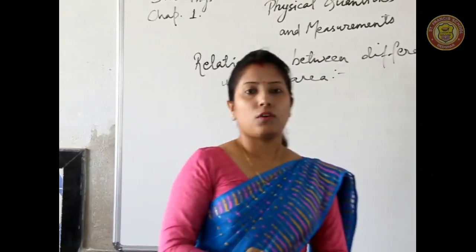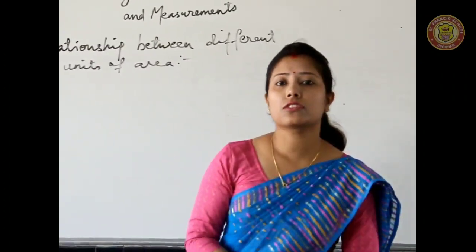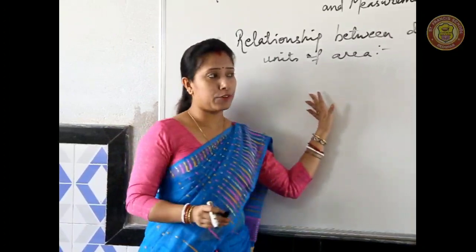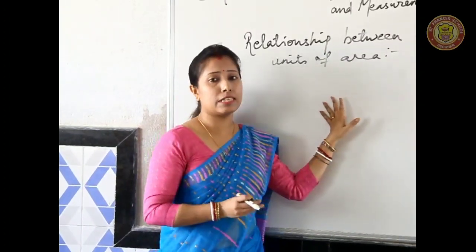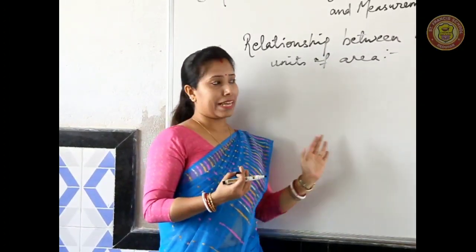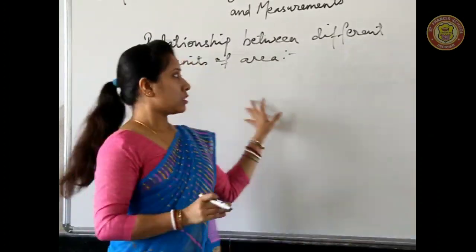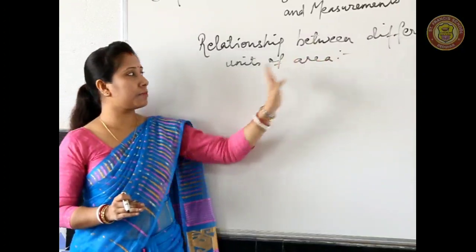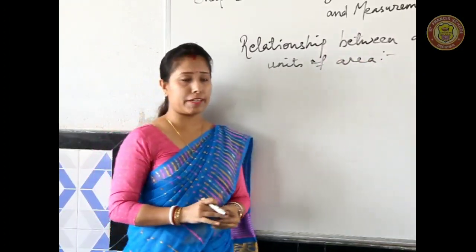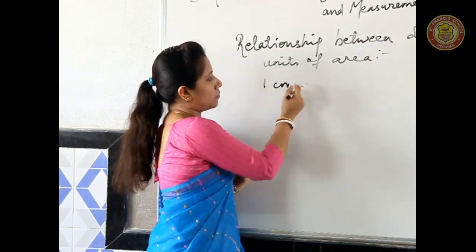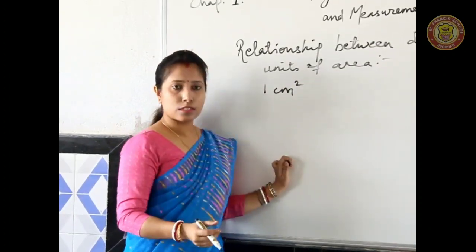So we know that 1 centimeter equals 10 millimeter, and when we are writing the unit of area, it is always written in the form of square. The SI unit of area is meter square. So when we are writing the relationship between different units of area, first I am taking 1 centimeter square.